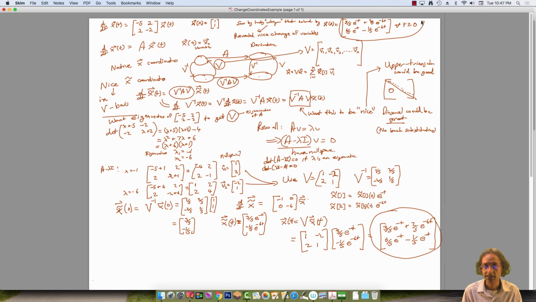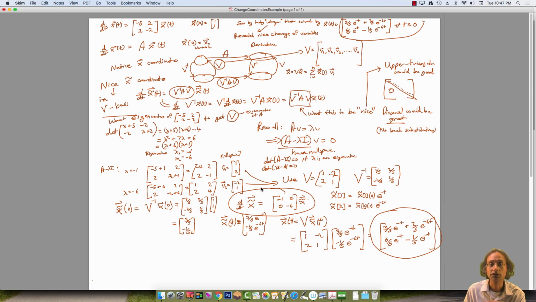We find the basis of all the eigenvectors, if such a basis exists. We change coordinates to this. Having changed coordinates, we then solve the system of scalar equations, which in this case are completely decoupled from each other. They're diagonal, after all. So just solve them in a decoupled way.